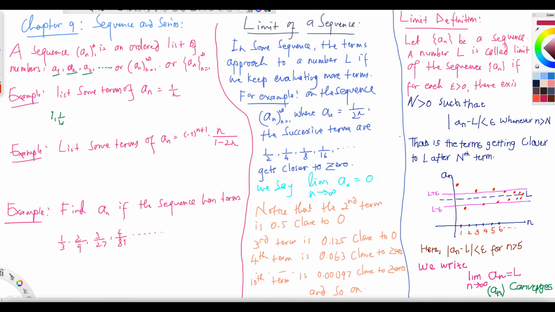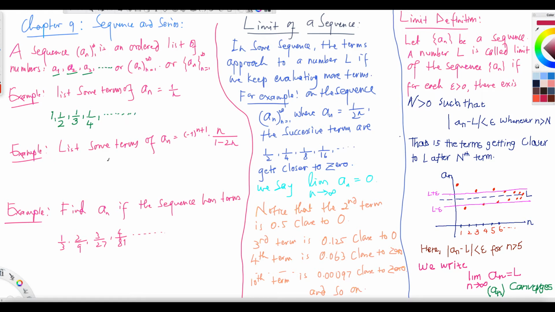Similarly, if you put n equals 3, a3 will be 1/3. And if you put n equals 4, then a4 will be 1/4. And keep doing that. So this is how you find the terms of the sequence.